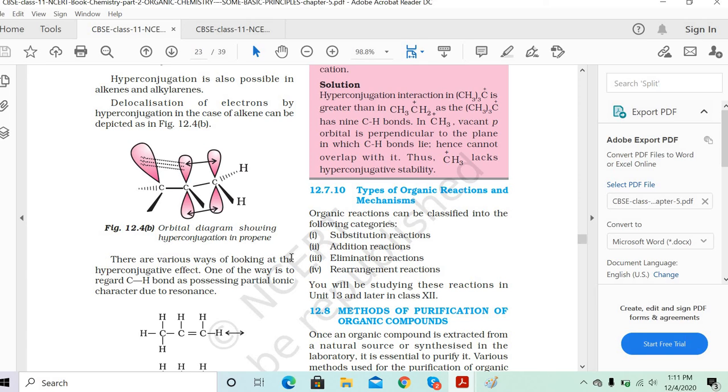Now the orbital diagram shows what happens when you have a double bond with carbon atoms. So you have a CH3, CH and CH2. Correct? So you have a double bond between the first carbon atom and the second carbon atom.